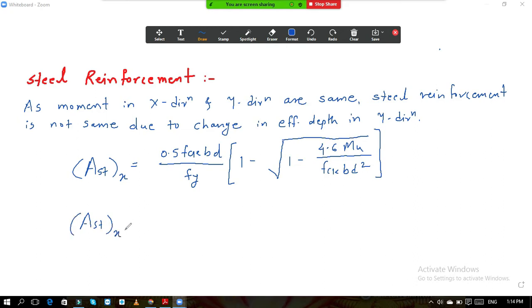ASTX is equal to 0.5 into FCK. What is the value of FCK? It is 20, into B. B is 2750, into what is depth? What is our effective depth? We have calculated for the foundation.